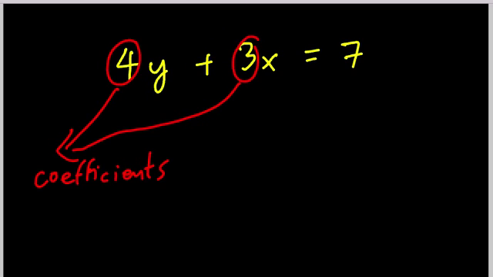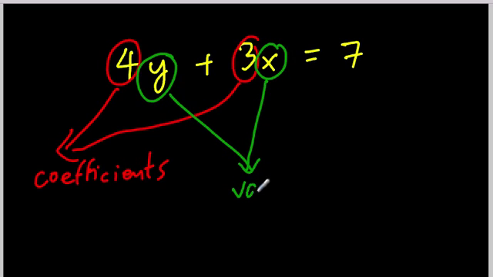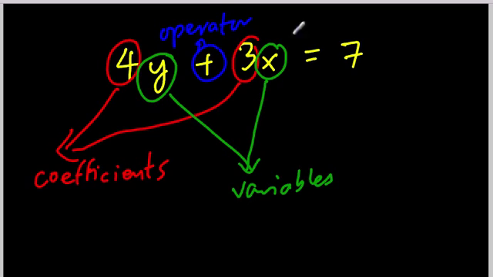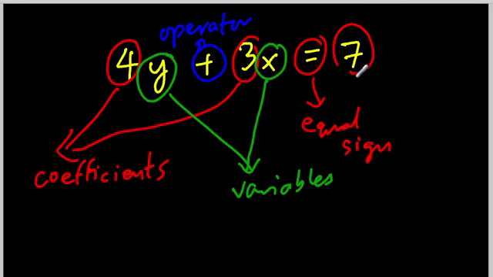Y and x are variables. The plus sign is the operator. The equal sign here is simply the equal sign. And finally, the 7 is simply a constant.